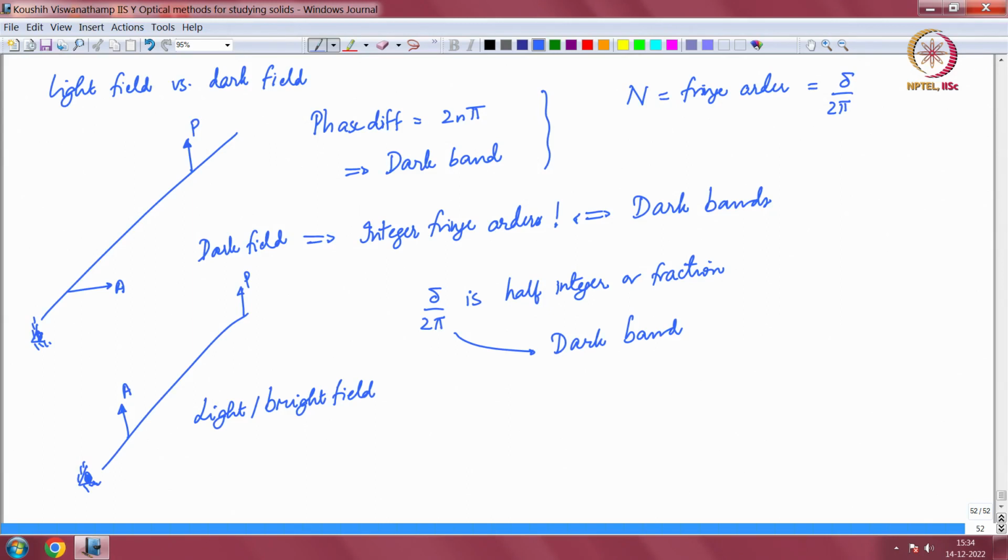And so, that delta by 2 pi, the n that we have here, corresponds to a fraction. People will refer to this as fractional fringe order. So, you will get n equal to half, 3 by 2, 5 by 2 etc., and here you have n equal to 0, 1, 2 and so on.